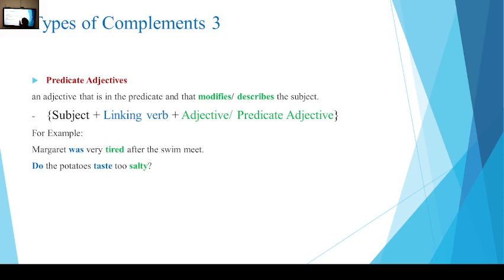You have the linking verb was, and after was you have an adjective or a description. Margaret was what? She was tired, so it's a description. We call this a predicate adjective. Same thing for questions. When you say, do the potatoes taste too salty? The linking verb is taste, and the predicate adjective is salty.